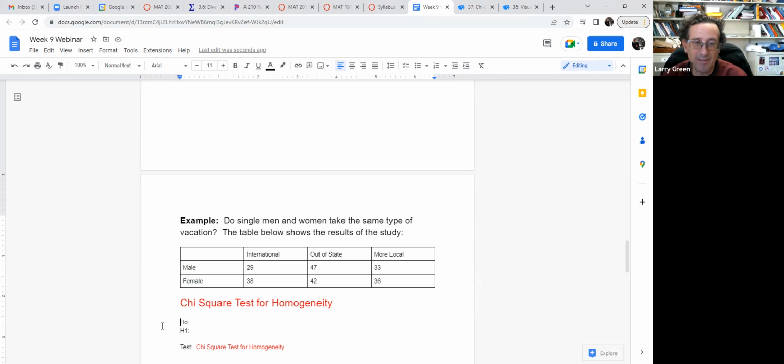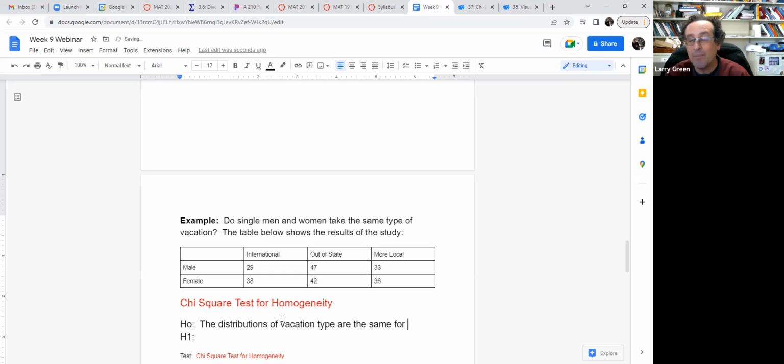So just like we've been doing for the last two examples, we're going to have words for H0 and H1. And H0 is that the distributions of travel type or vacation type are the same for men and women.